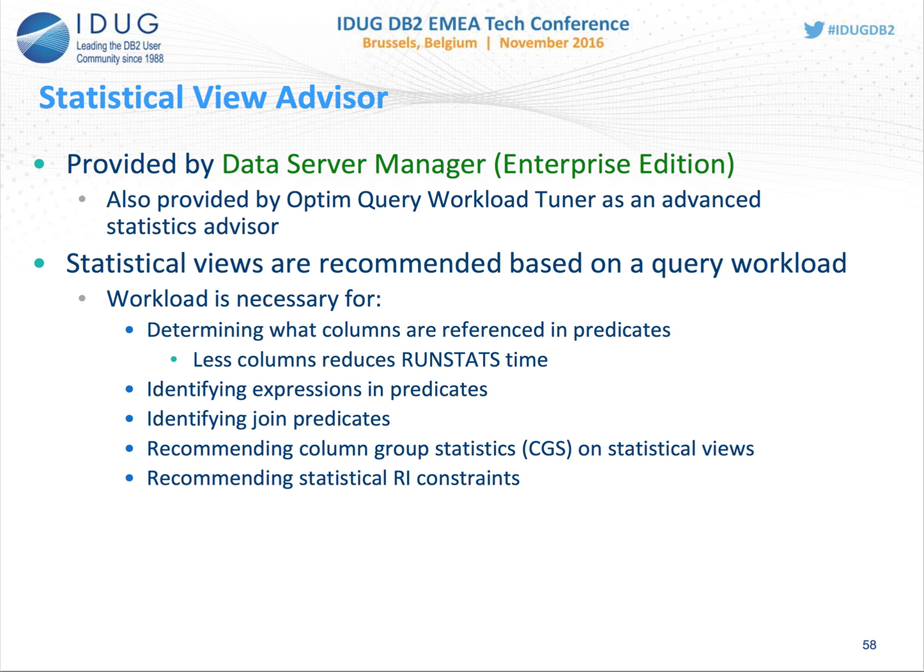There's also some even more sophisticated stuff that you can do with stat views when they have expressions. And again, there are lots of good examples in the Knowledge Center and developerWorks articles. And that wraps it up.